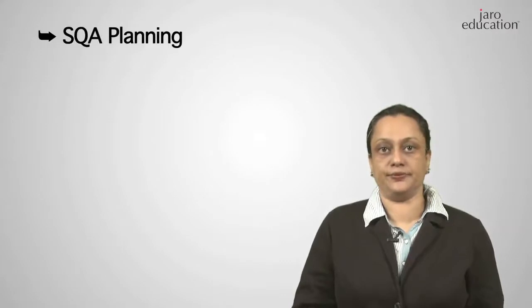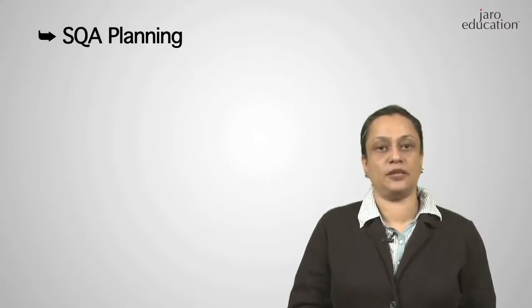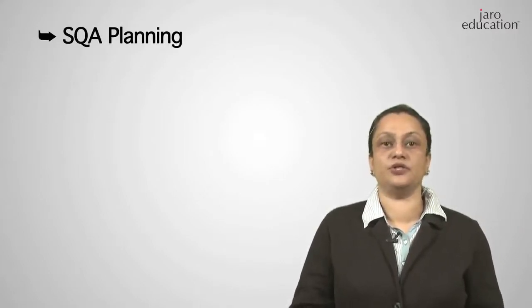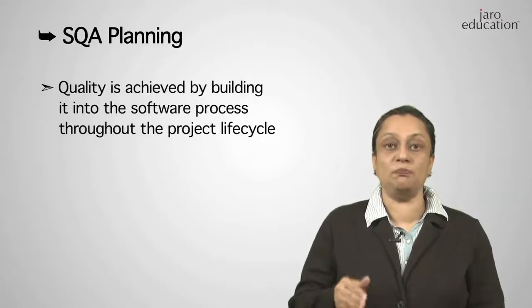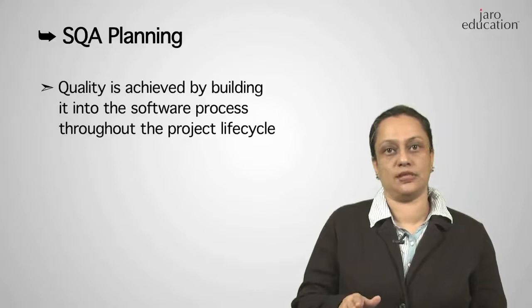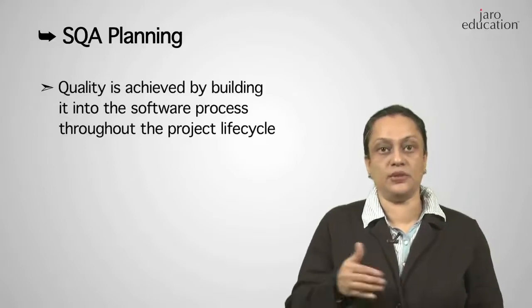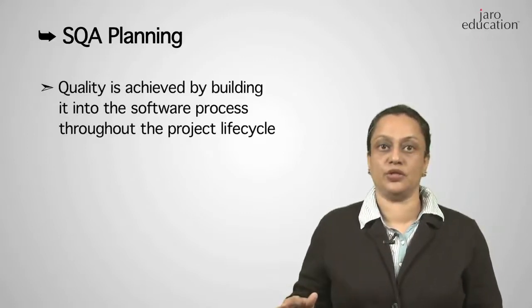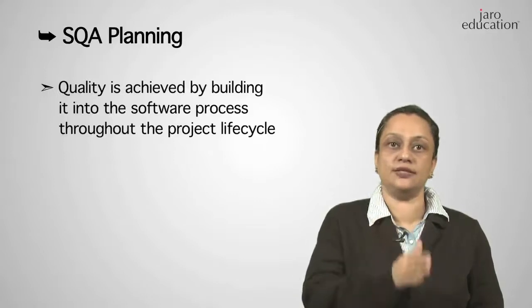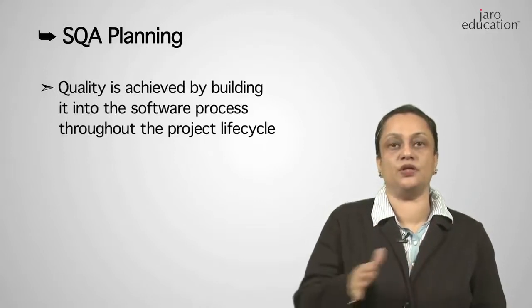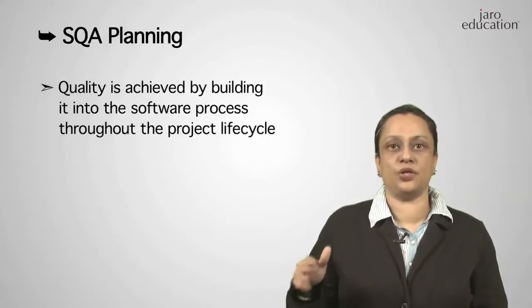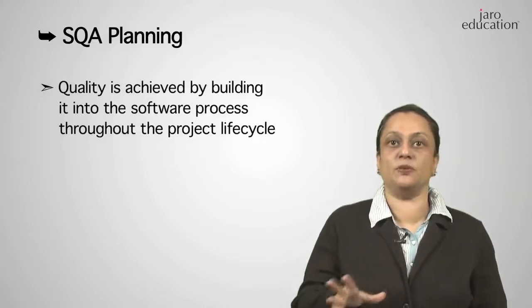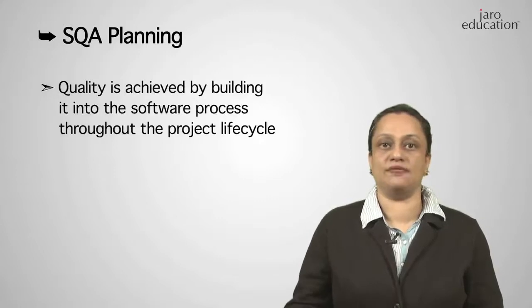SQA planning is a very important aspect of the SQA function, because quality is achieved only by building it into the software process. It is achieved by doing this throughout the life cycle of the project. We cannot just say that we start the project with quality and end it with quality. It has to be an ongoing interface with the project throughout its life cycle.